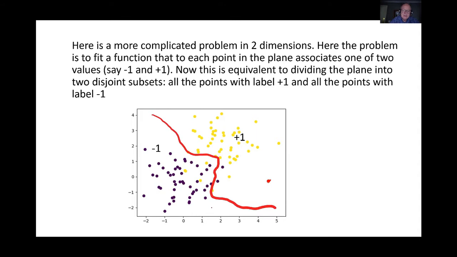The way we're going to do this is by trying to find this dividing curve that divides the plane into two sets, those that have +1 and those that have -1. Given a new data point, we can see which side of this curve it lies on, and that will be the prediction of the model.